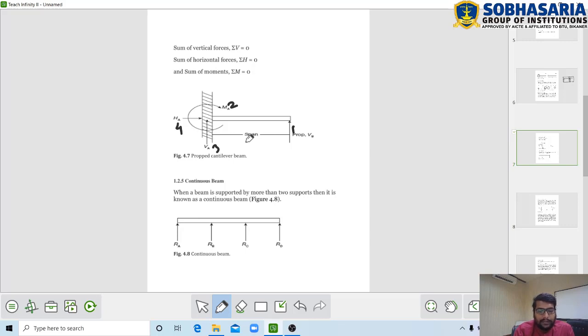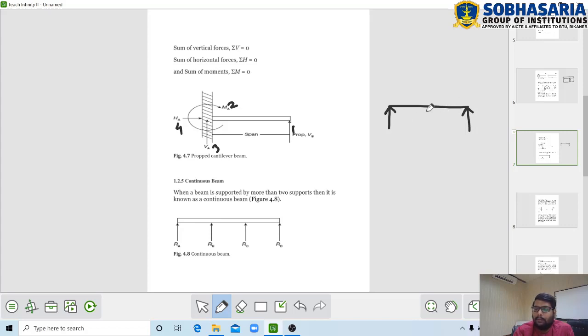A continuous beam, we can say, when the beam is supported at one support, we say it is a cantilever. When the beam is simply supported, it has 2 supports.